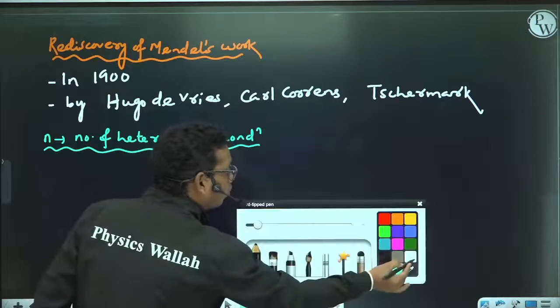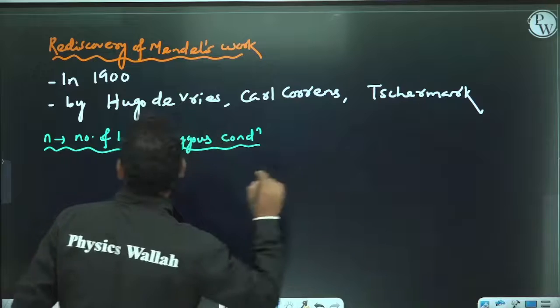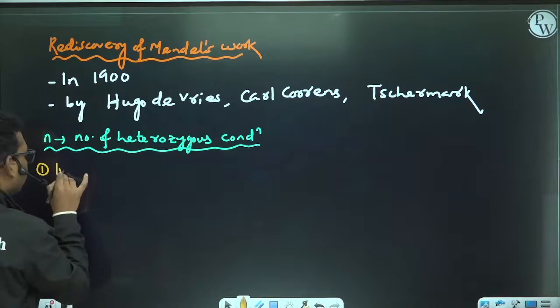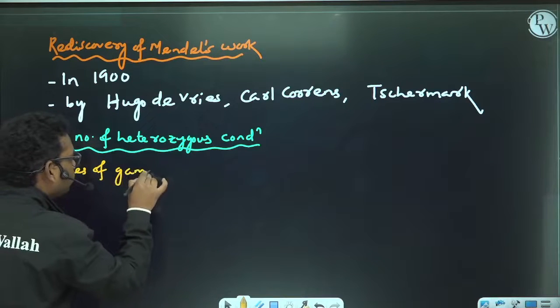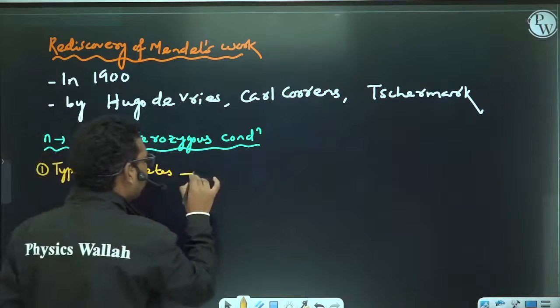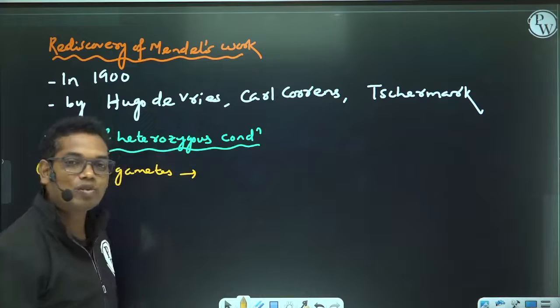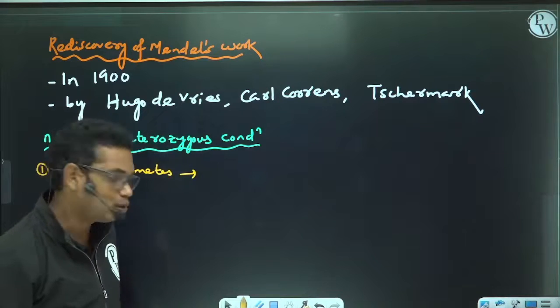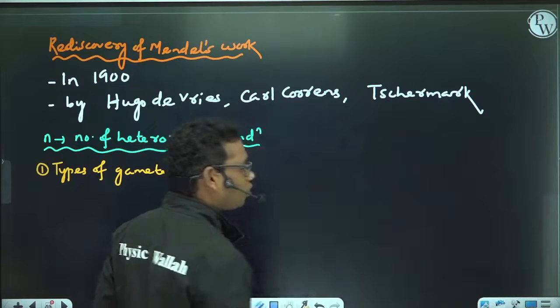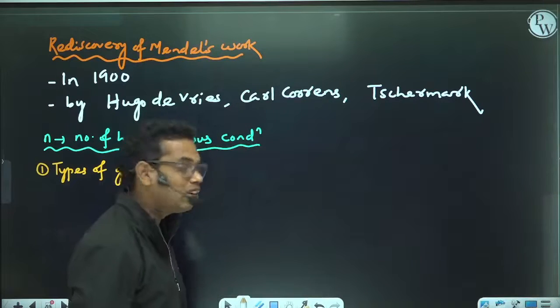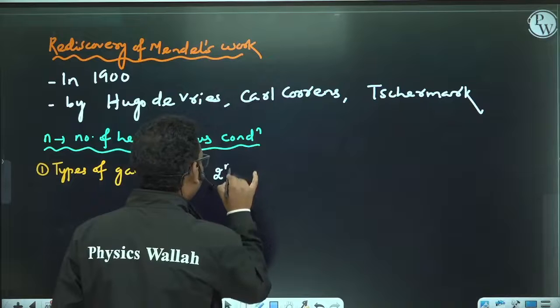Okay, so if I say types of gametes produced by an individual, how many different types of gametes will be produced by an individual? So for that you use a formula. And the formula is 2 to the power n.